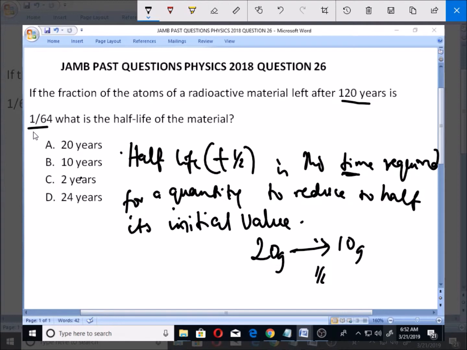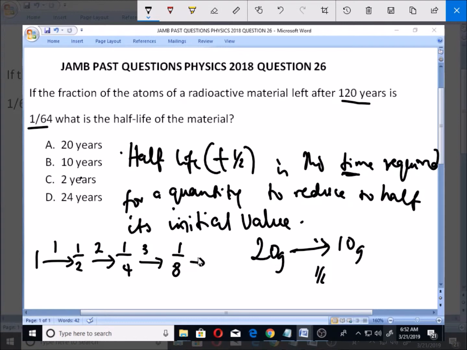Now, for us to be able to effectively solve this, we need to note the movement from the first movement to half, which is the first movement. Now, if you're halving again, you're going to have 1/4, which is the second movement. If you're halving again, for the third movement, you're going to have 1/8.